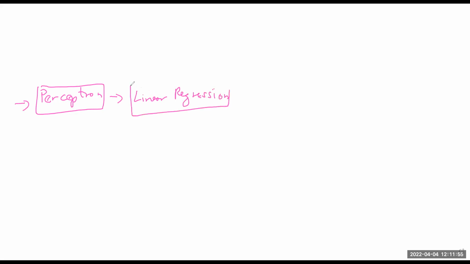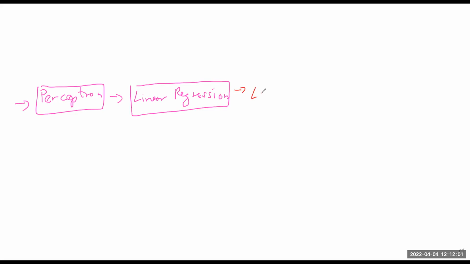All right, so let's go ahead. As you can see, the sequence has been, we started with the perceptron, and you've seen how that algorithm works, basically. And then we jumped into linear regression, and you saw how that works.